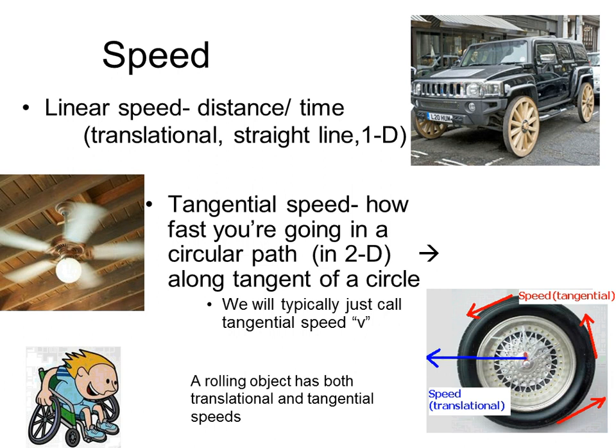I could argue that it doesn't have either, because to me, it looks like it's parked. Yes, it is a still image. I just thought this was funny because it looks like some type of Hummer with wagon wheels. But if we're talking about the wheels, they can have tangential and translational.